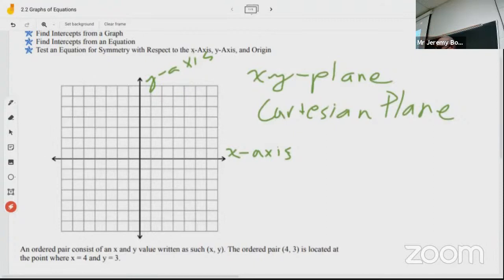The other thing is where the 2 axes meet. What is that called? That is the origin, and that is the point (0, 0).